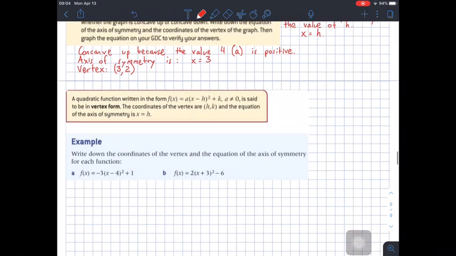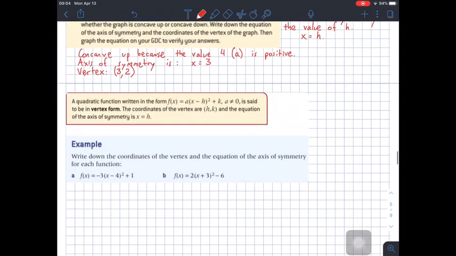Okay, then this is a summary of what we just studied. It says a quadratic function written in the form f of x equals a(x minus h) squared plus k, where a is different from 0, is said to be in vertex form. The coordinates of the vertex are h, k, and the equation of the axis of symmetry is x equals h.